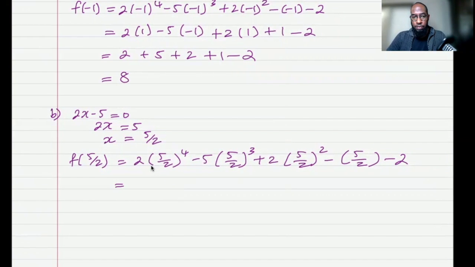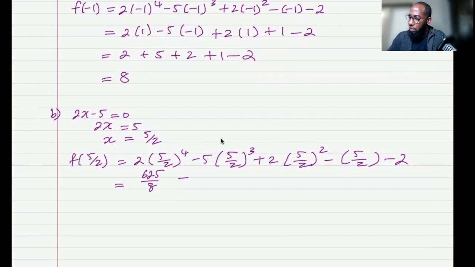So I'm putting in for this here, 2 open bracket, 5 over 2 close bracket to the power of 4, and I will get 625 over 8 minus, I'm going to put this one now, 5 open bracket, 5 over 2 close bracket to the power of 3 cube.